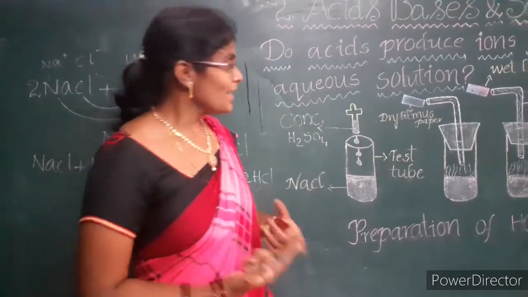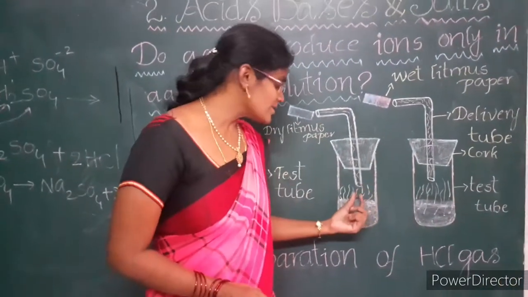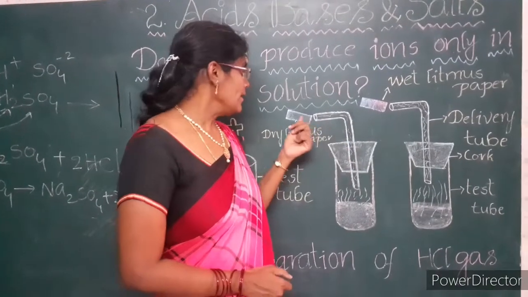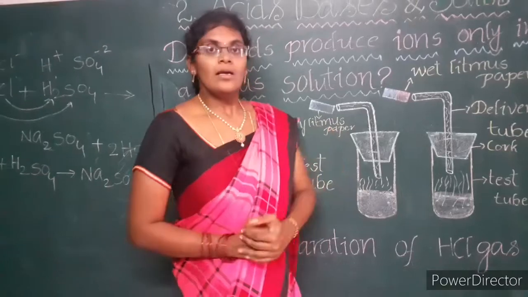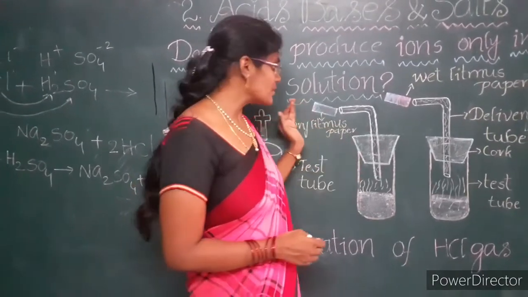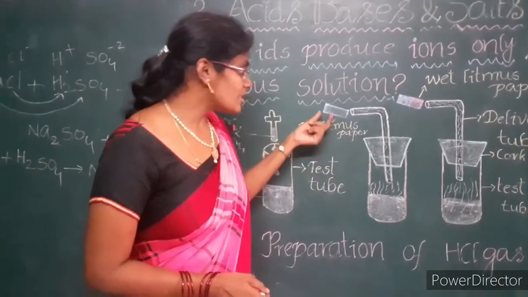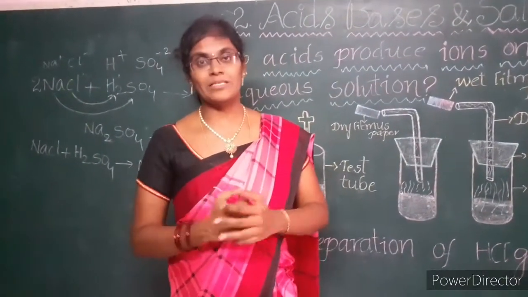So children, here the liberated gas is hydrochloric acid. Pass this hydrochloric acid through a delivery tube and place a blue litmus paper at the mouth of the delivery tube and observe the changes. Children, here we observe that there is no change in the color of the blue litmus paper.